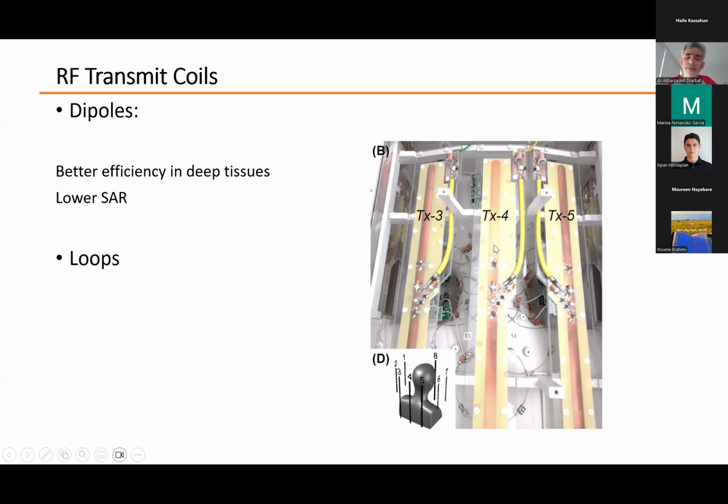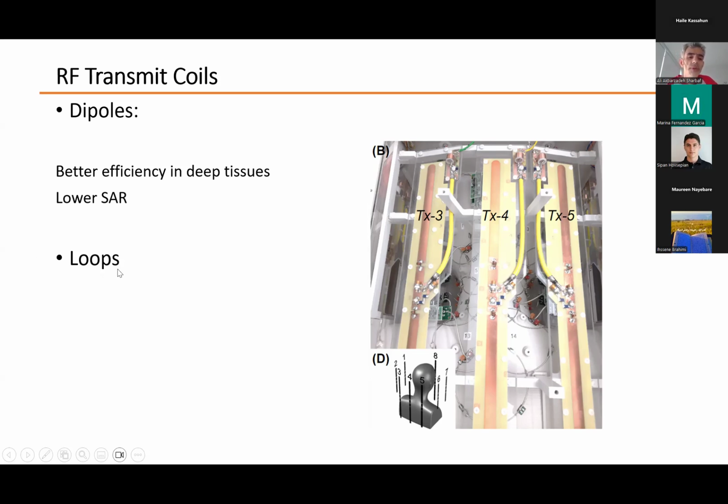The good thing is that dipoles can have better efficiency in deep tissues and can lower the SAR, so it is easier to follow the SAR guidelines using dipoles. Dipoles are the state of the art for transmit coil design, in particular for 7 Tesla or even higher field MRI machines.